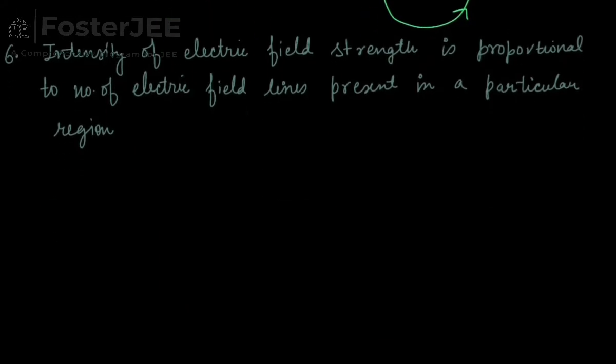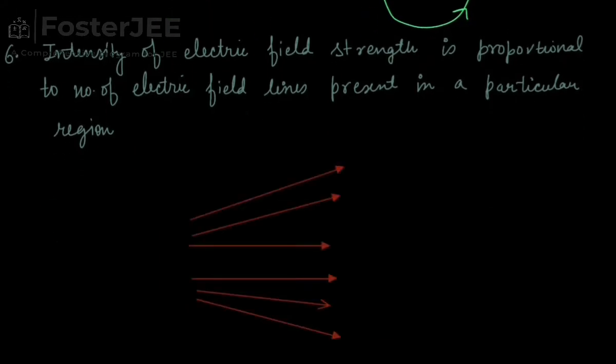Suppose we have a region. For example, in this region we have 2 points, point A and point B. We can see near point A the lines are closely packed with each other, that is, the distance is less, and at B point they are more spaced, and hence we can say electric field intensity at A is greater than electric field intensity at B.